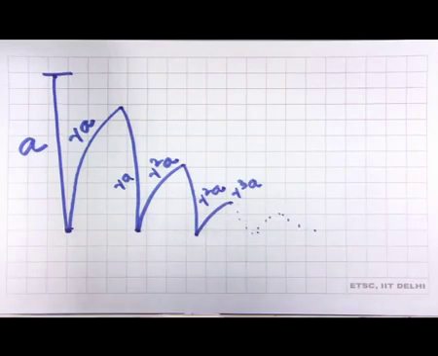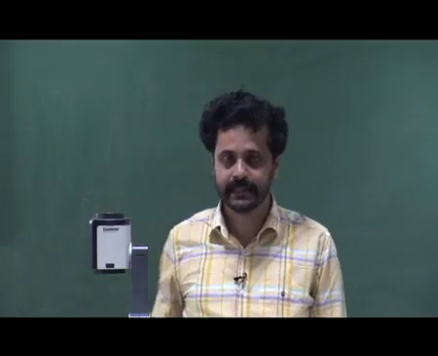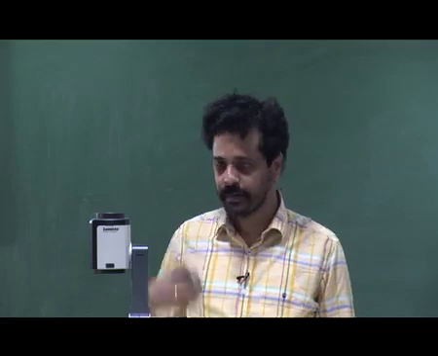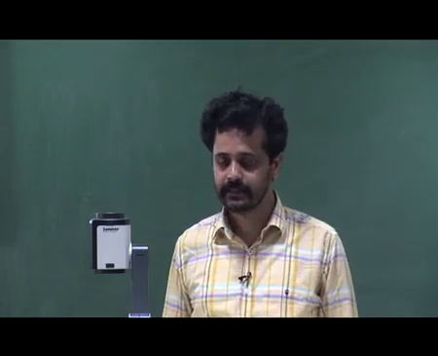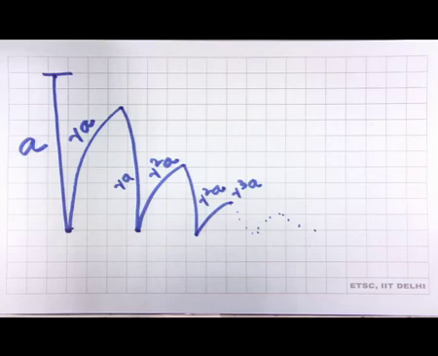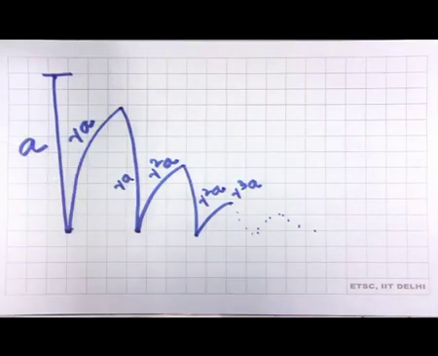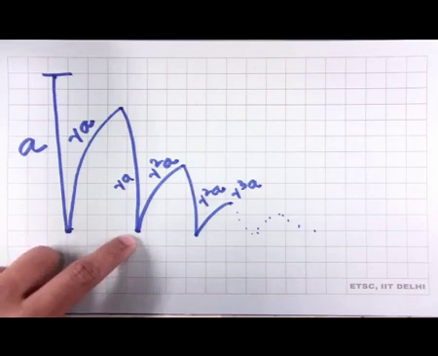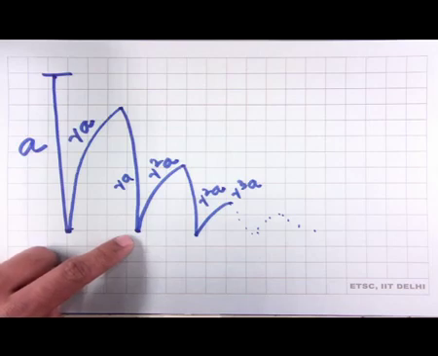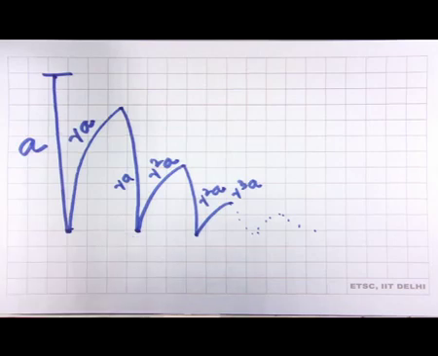First it is dropped from a height of a distance. So, it travels down a distance, it hits the floor, it rebounds. How much it rebounds depends upon how much it travels to come down. Since it is a, it will rebound to a height ra. Once it rebounds, same distance it covers down and then rebounds r times the distance it travelled down, which is r square a, and so on.